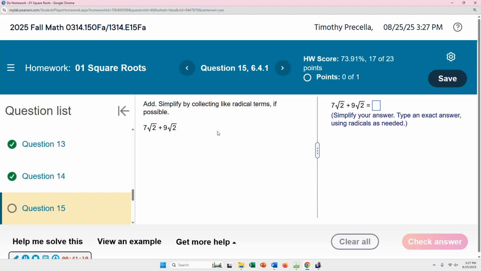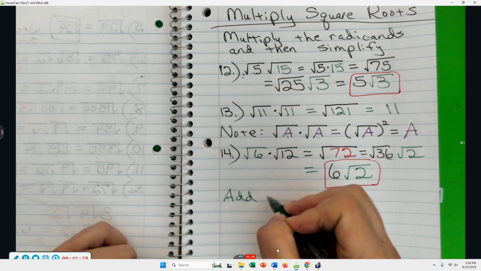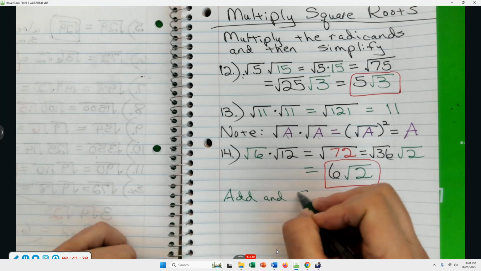So we have simplified square roots, we've multiplied square roots, now we're going to add and subtract square roots.